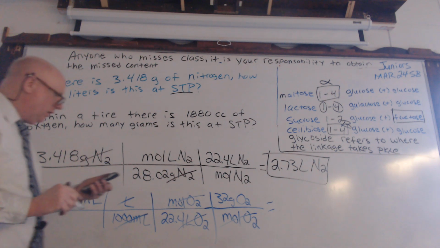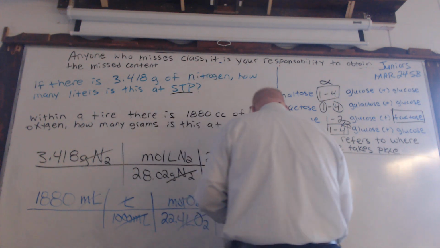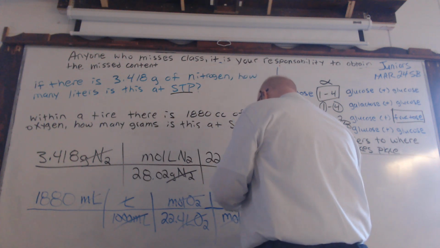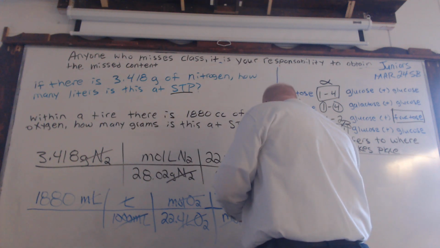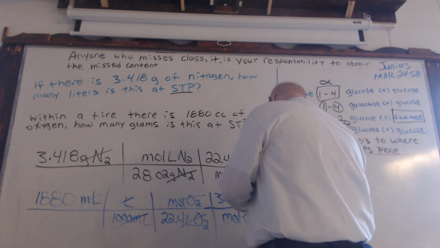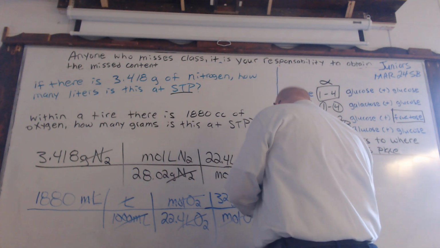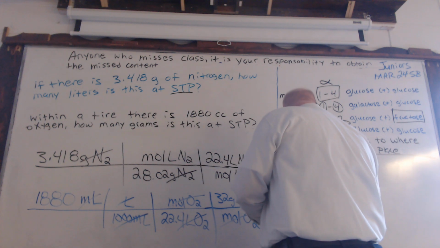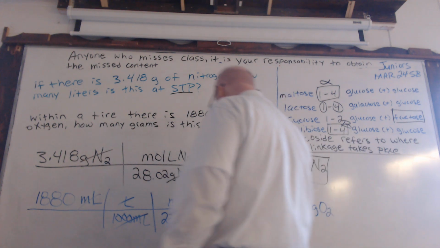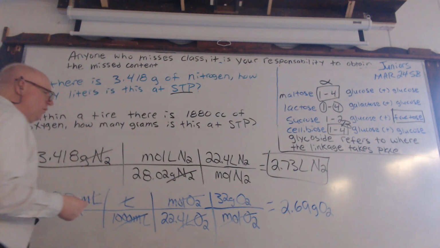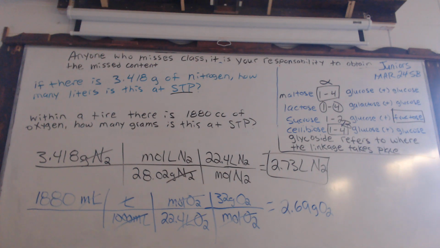Okay, so this is what you would get if we just left it, or if we have it in liters now, 2.69. 2.69 grams of oxygen. And sometimes it's going to say we want this to be in milliliters instead. But either way, that works.